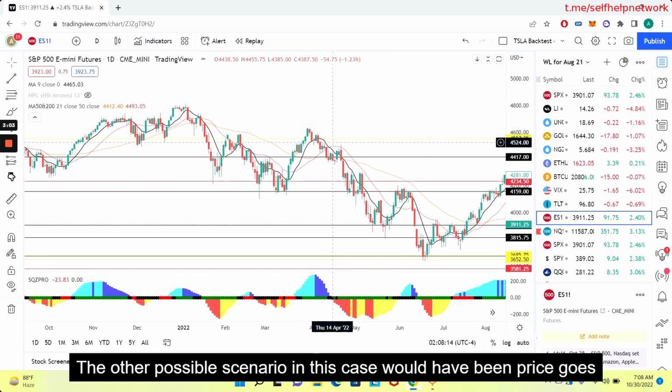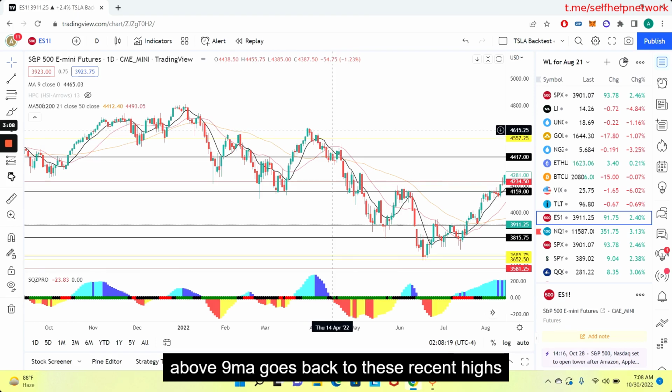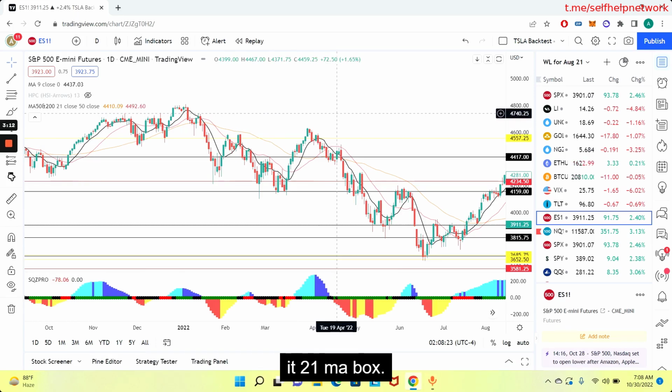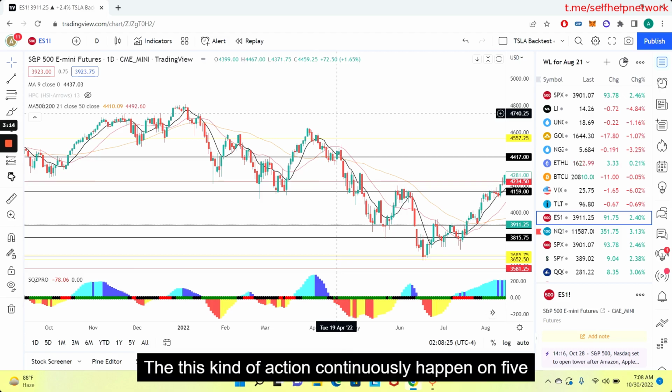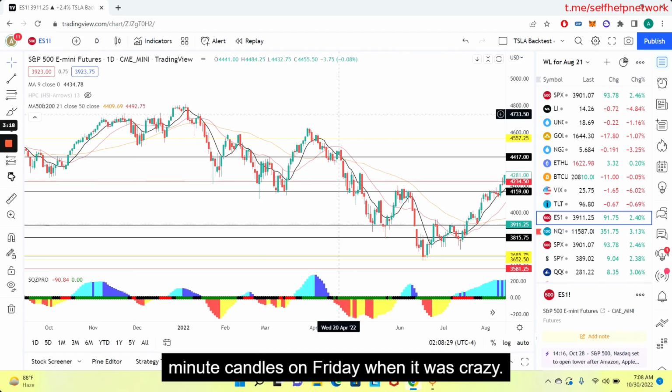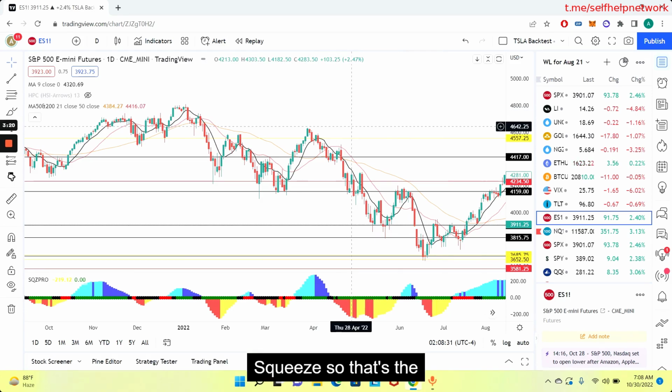The other possible scenario in this case would have been price goes above 9 MA, goes back to these recent highs, and then tries to break out from what we can call a 21 MA box. This kind of action continuously happened on 5-minute candles on Friday when it was a crazy squeeze. So that's the possibility I will show you later.